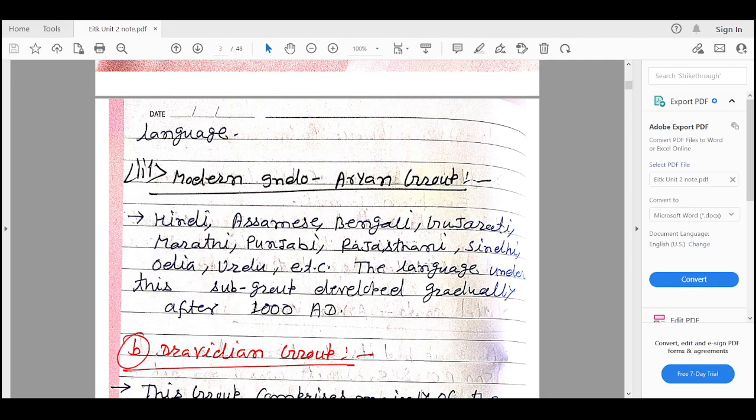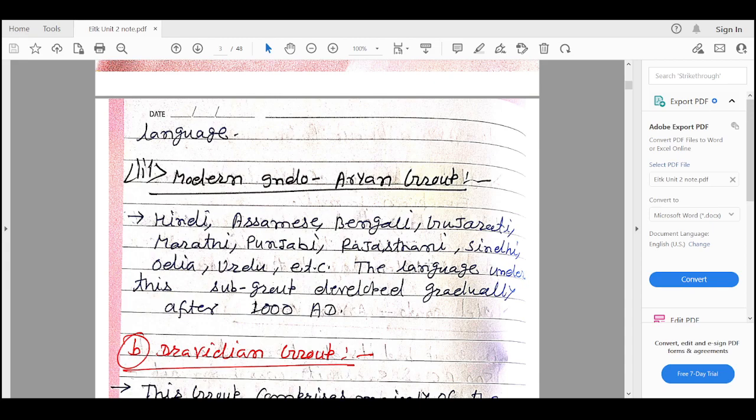Third, Hindi and Bangla belong to this group, and it has three further parts: Sanskrit, Prakritic, Pali. Currently, the parts are Bengali, Gujarati, Marathi. These are also part of the Indo-Aryan group.